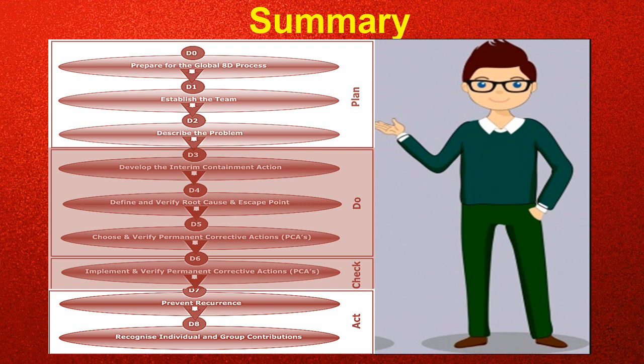D4 talks about defining and verifying the root cause and escape point. D5 talks about choosing and verifying the permanent corrective actions. D6 talks about implementing and verifying the permanent corrective action. D7 talks about preventing reoccurrence. And D8 finally recognizing the individual and group contribution.